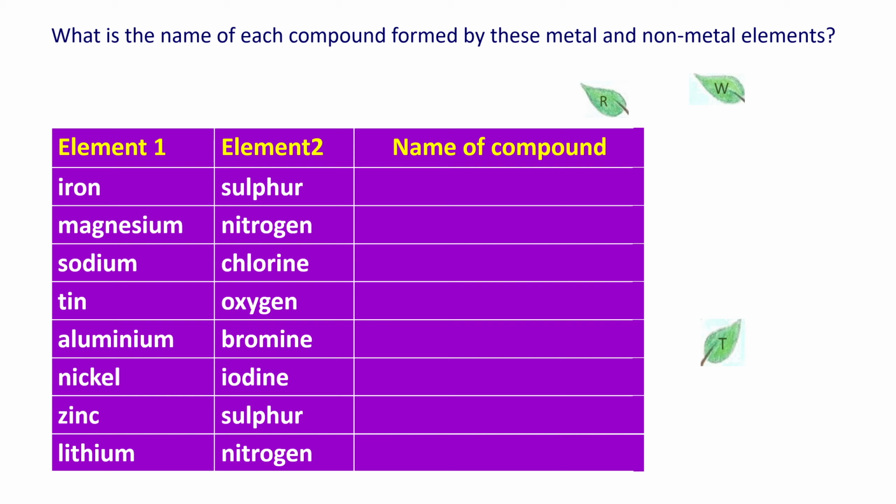That compound will be called iron sulfide. Magnesium and nitrogen are both elements, but they have now reacted together to form a compound, so it is magnesium nitride. Okay, so you will spot a compound if it has the letters I, D, E at the end. This is how you know this is a compound.